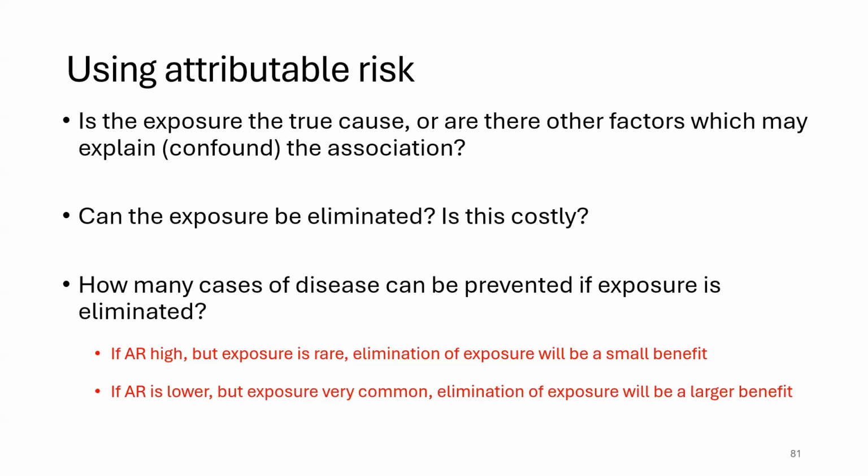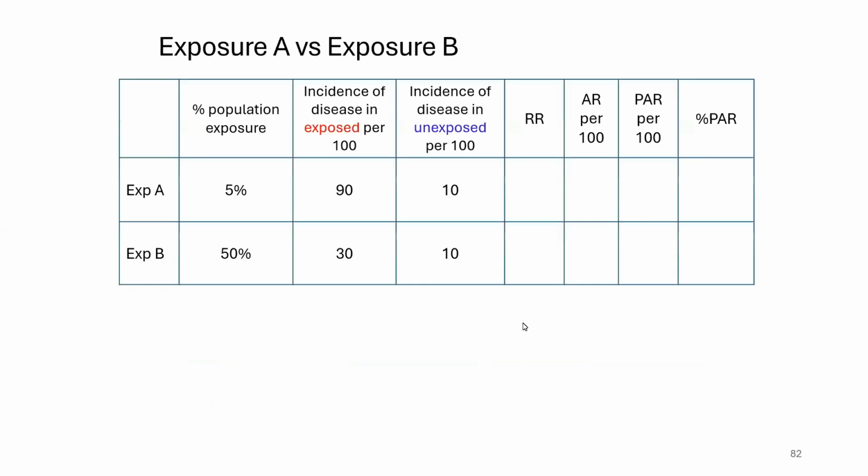If attributable risk is low, but the exposure is very common, then eliminating that exposure will have a much larger benefit. So be very mindful in your interpretations or how you might apply what you learn from these measures of attributable risk and thinking about the further downstream implications of what information you're gathering from these particular metrics.